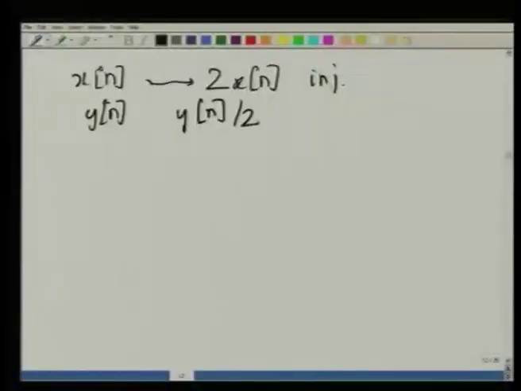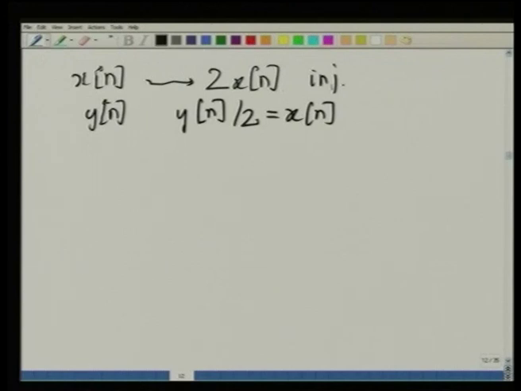Now, given any y[n], nothing can prevent me from considering y[n]/2 as x[n]. If I choose x[n] as y[n]/2, then clearly for this x[n] I would get this y[n] which I have picked up arbitrarily as the output.